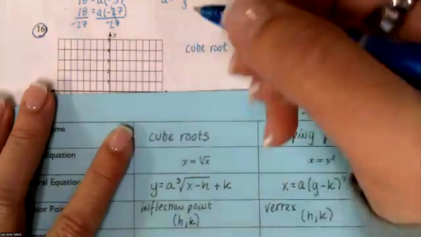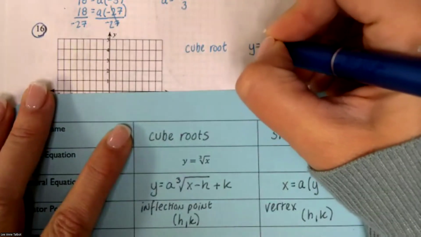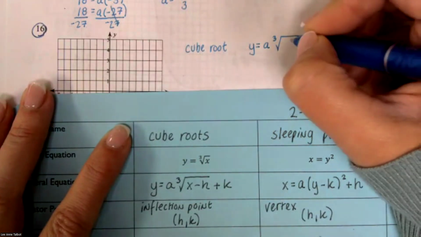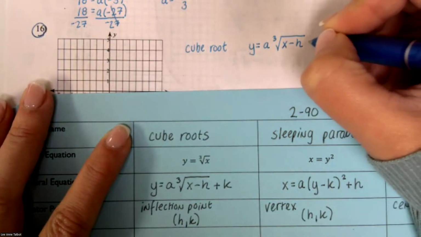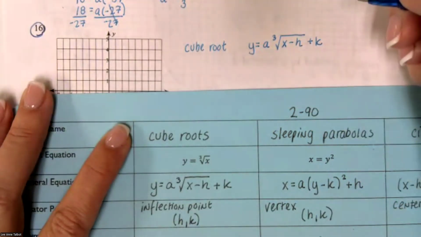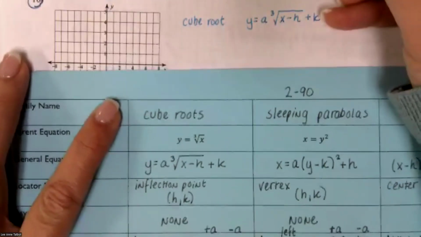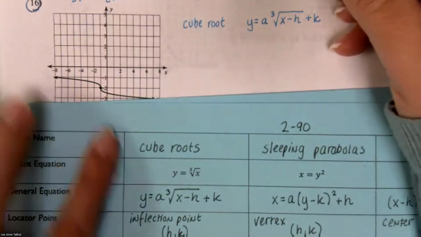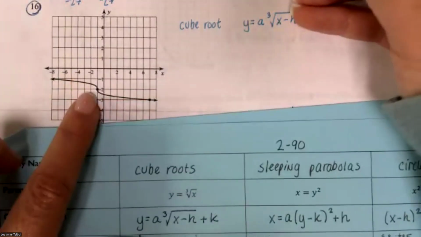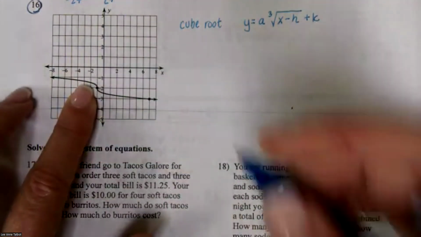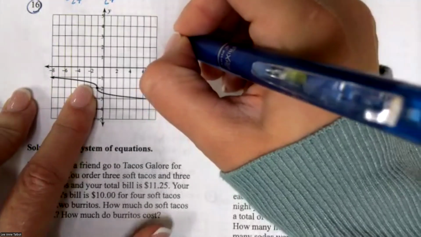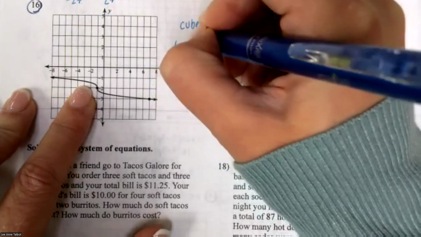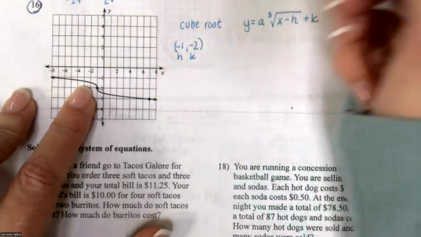Okay, so the cube root equation is y equals a times the cube root of (x minus h), plus k. And my inflection point is (h, k), and that's this one here in the middle of the squiggle. So that is (-1, -2).